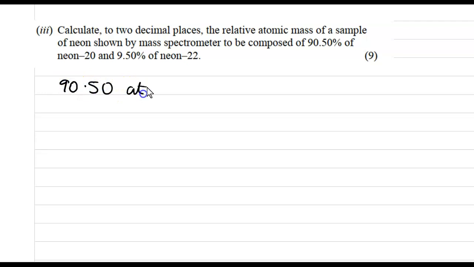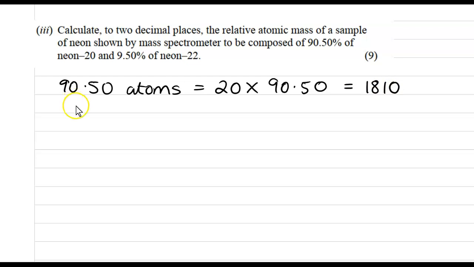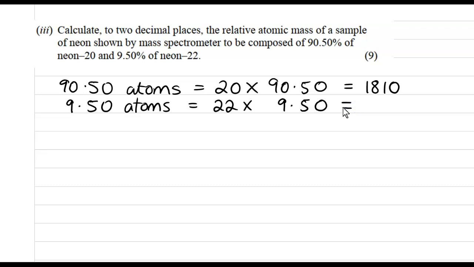So I'll take my 90.50 atoms, which would equal their mass multiplied by 90.50. 90.50 multiplied by 20 gives me 1810. Then I have 9.50 atoms, and that will equal 22 multiplied by 9.50, which is 209.